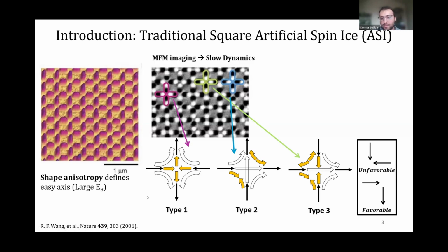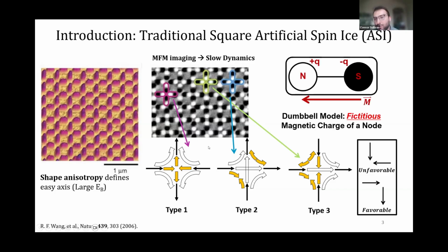But all of these cases can be simply characterized as having two end states, and they can be characterized as type 1, type 2, or type 3, which depends on the amount of magnetostatic energy that exists. In our cases, we're going to be type 1 dominated. Each one of these dipoles can be given a fictitious magnetic charge.